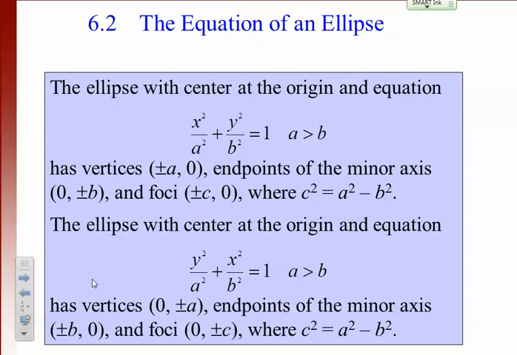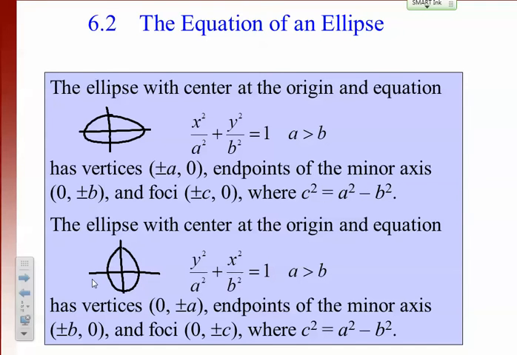and the b squared is associated with the smaller axis. So the top one here is going to be an ellipse that is longer horizontally than it is vertically, and the bottom one is going to be an ellipse that's longer vertically than it is horizontally. Okay, those are not great ellipses, but you get the idea.